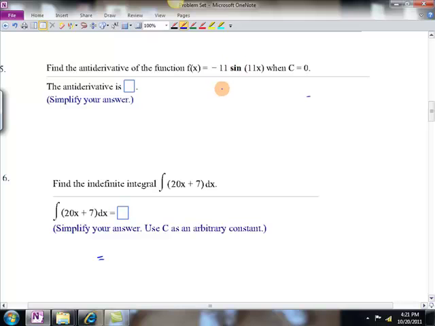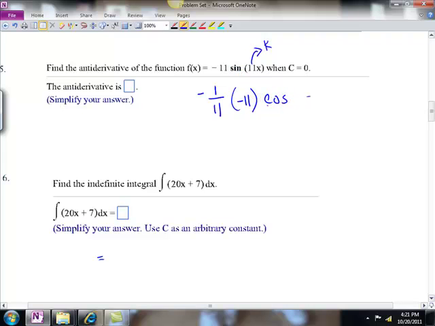Antiderivative of this one, okay? Remember the rule is 1 over k. Well, here's k. This is your k value. So we have negative 1 over 11 times this integral of that. If you look on your chart, it's cosine.